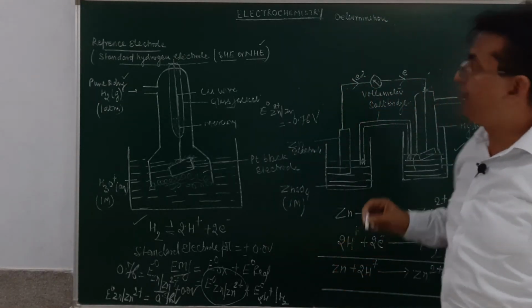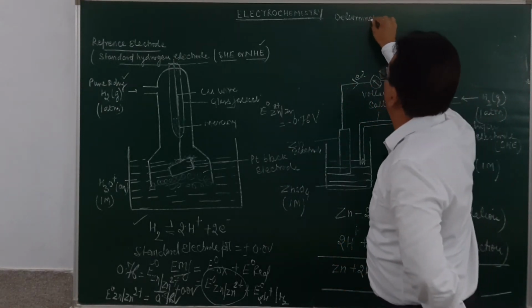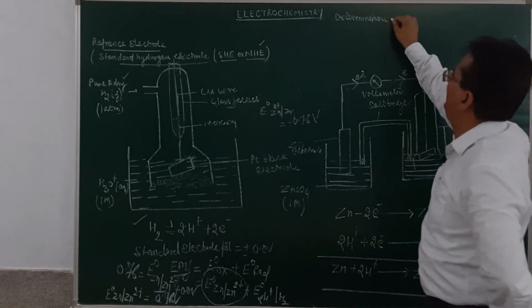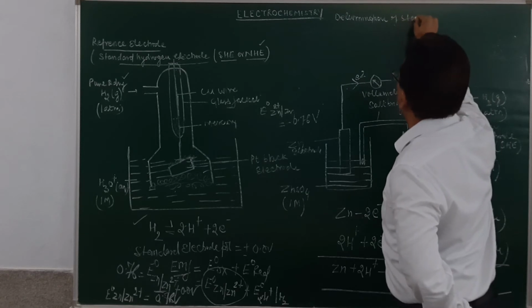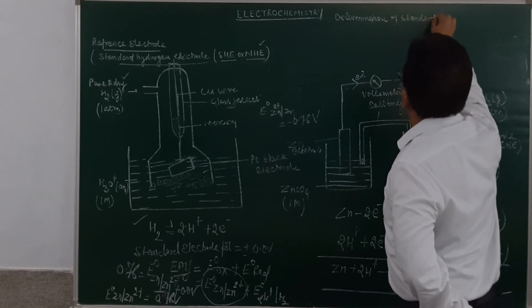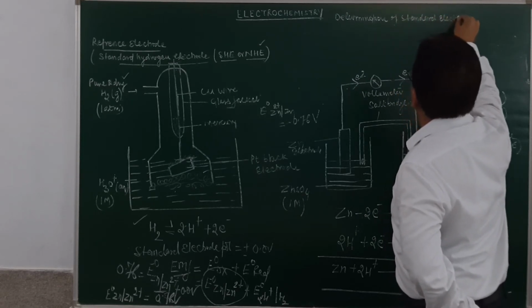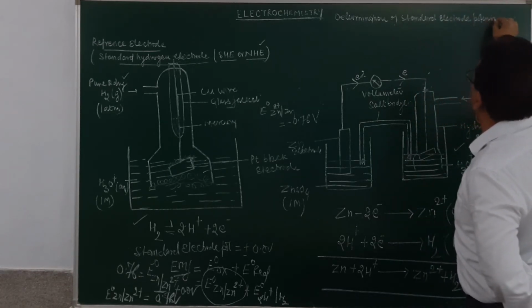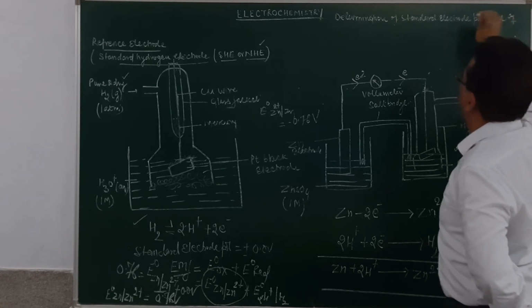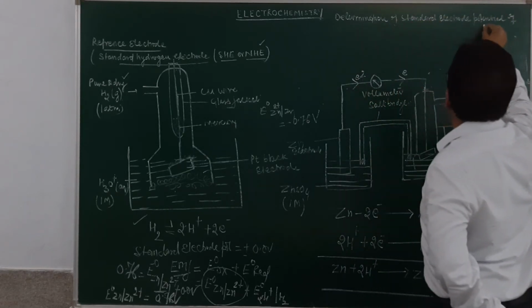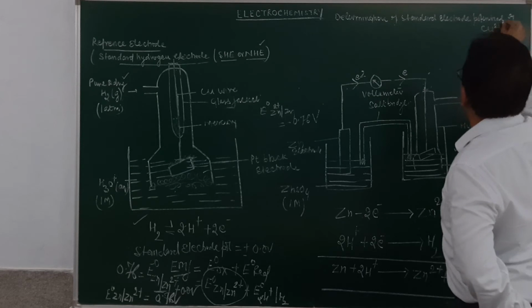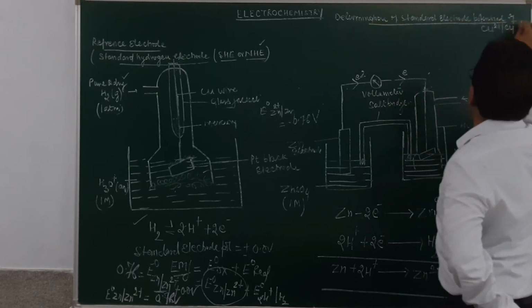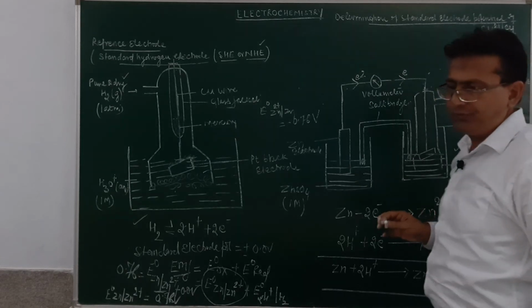Determination of the reduction potential of copper. So, determination of standard electrode potential of copper 2 positive to copper electrode.